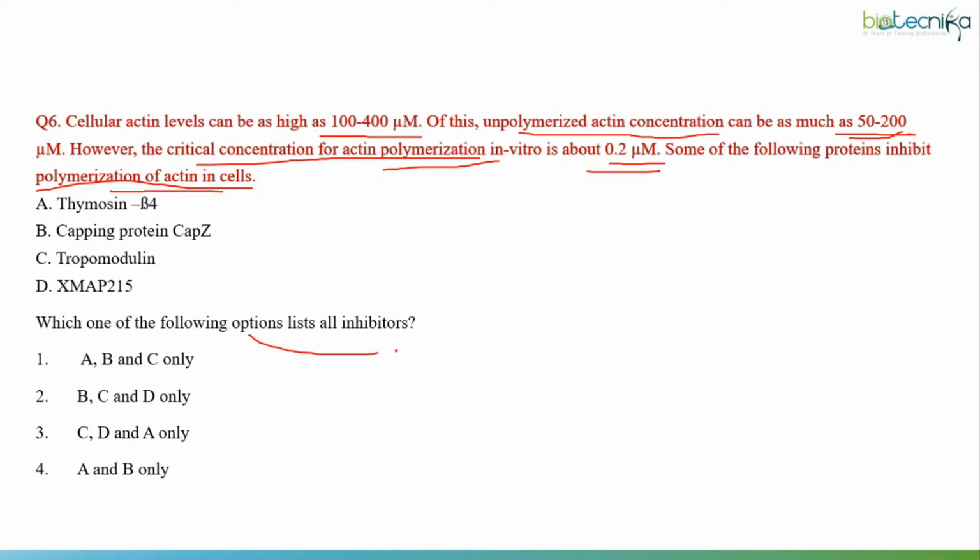Now, you have to identify the list of inhibitors out of this. Thymosin, capping protein, tropomodulin, XMAP 215. Identify the inhibitors out of the given options.